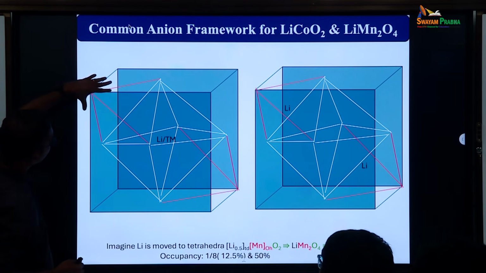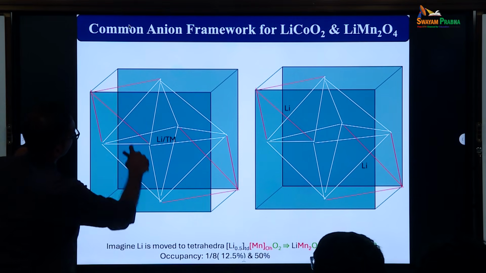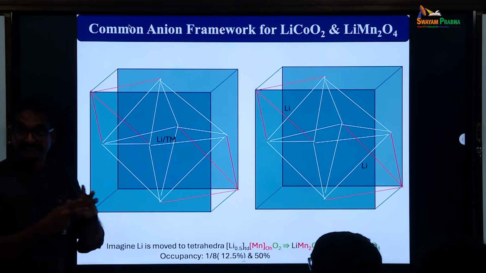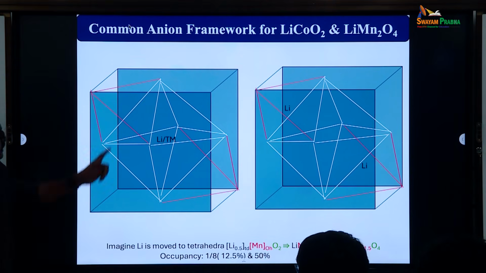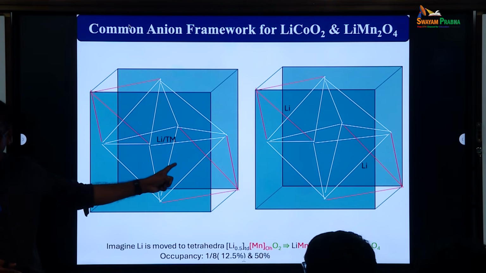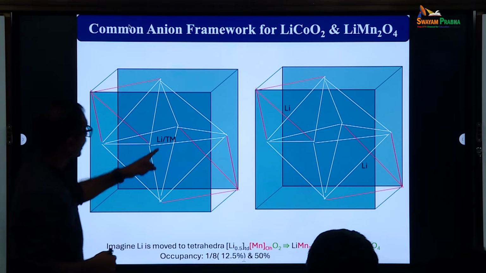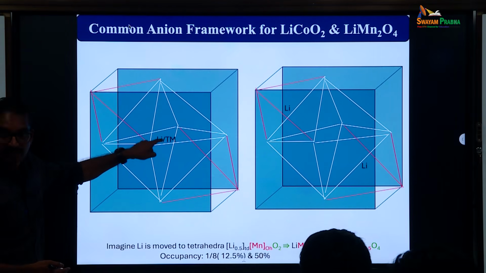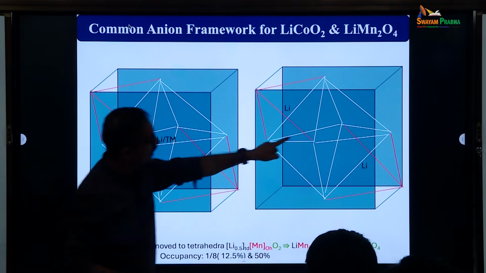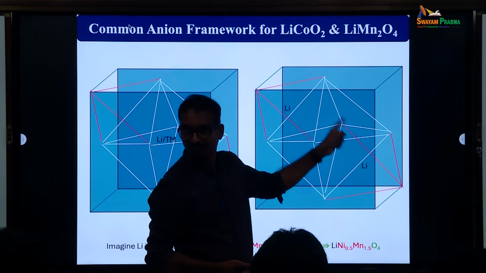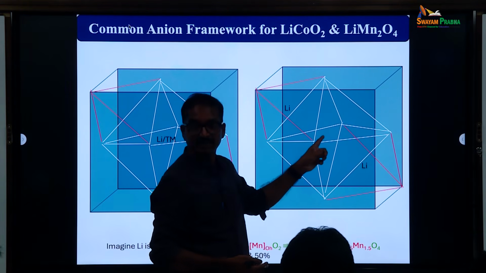And you can see here, this triangle is the common face between the tetrahedra and octahedra. Same here, but here I put lithium or transition metal in the octahedral void, whereas here I put the lithium in the tetrahedral void and the transition metal in the octahedral void.